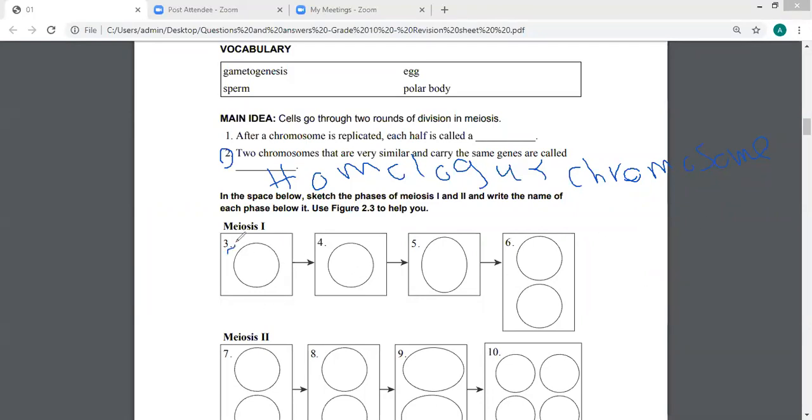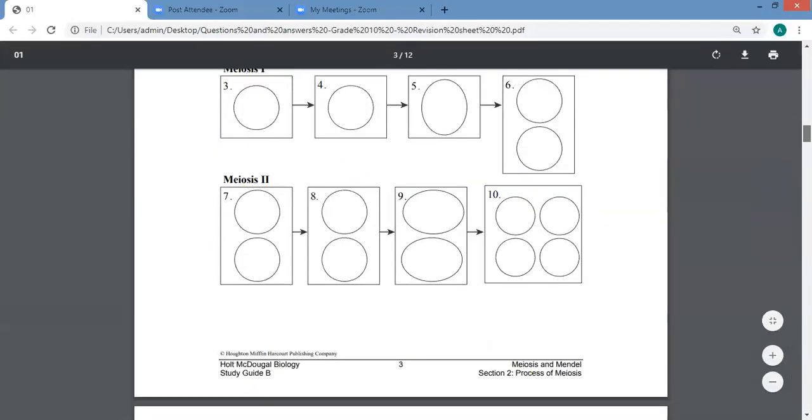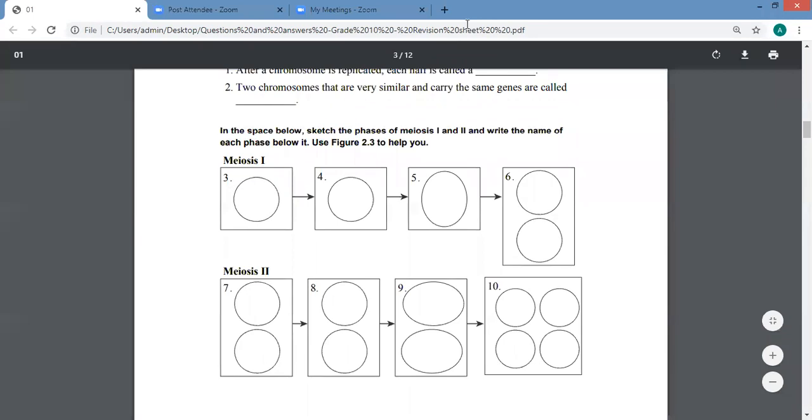Number 3 refers to the first phase of meiosis 1. Meiosis 1 starts with which phase? What is the name of the first phase of meiosis 1, in the sequence of the phases of the process?